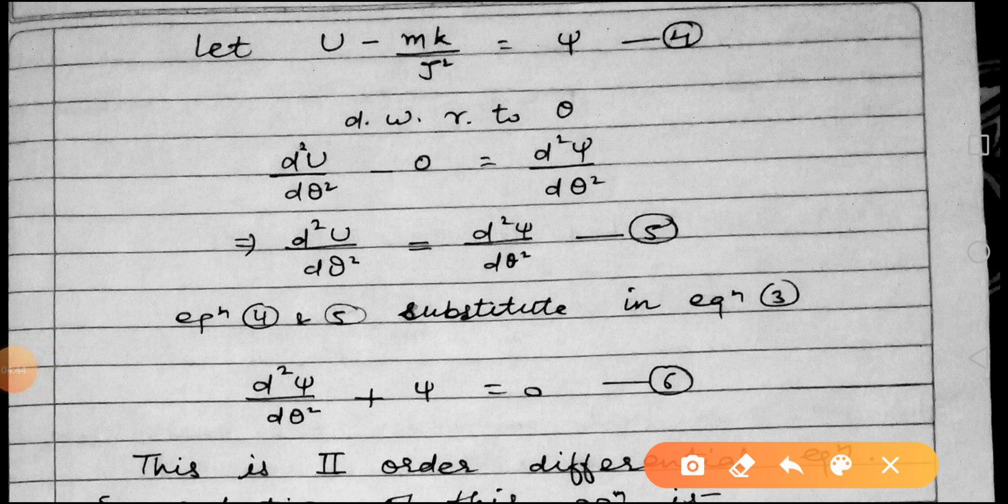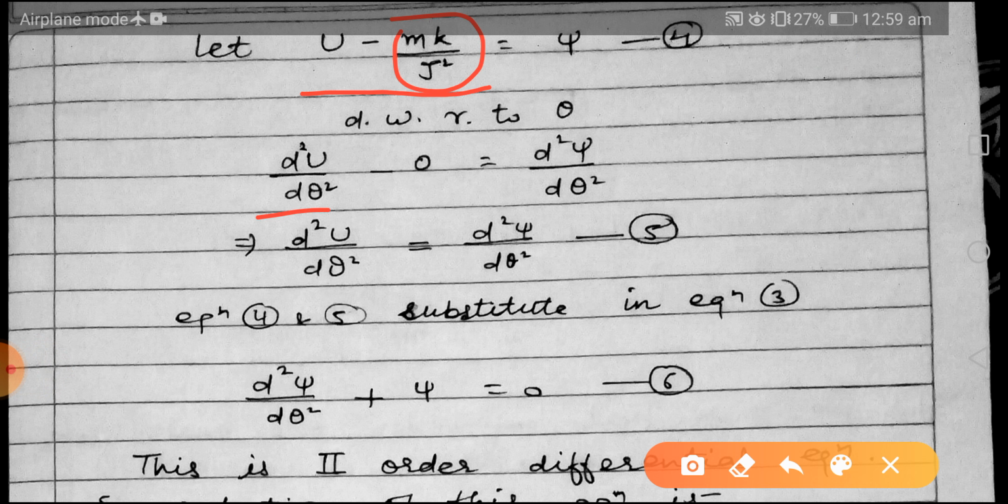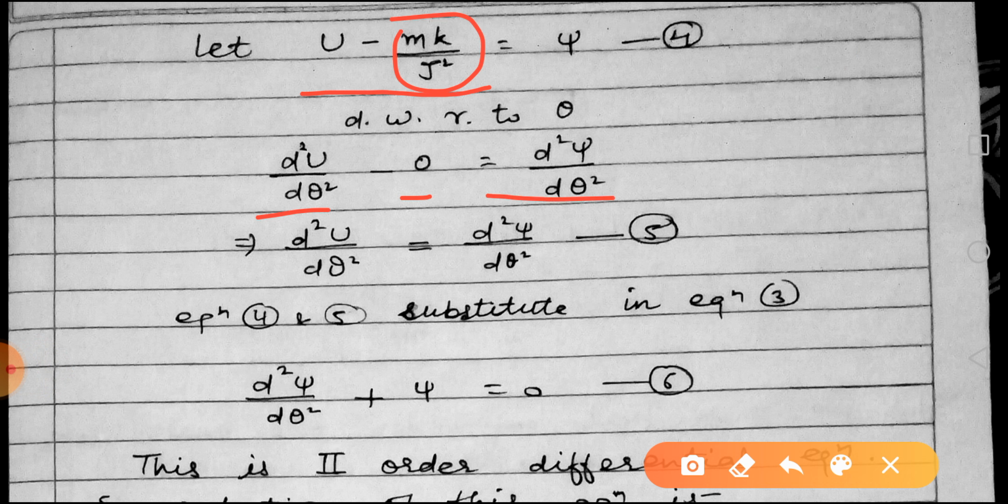Now we assume that u minus mk upon J square is psi, and if we differentiate this with respect to theta two times, then d2u upon d theta square is equal to d2 psi upon d theta square, since the constant part is 0. That becomes equation 5. Now put equations 4 and 5 in equation 3.